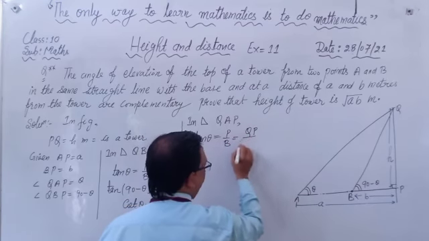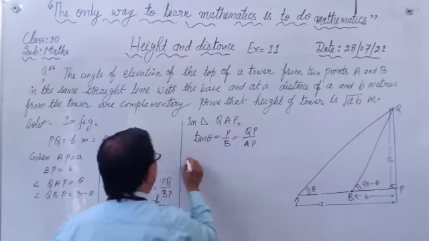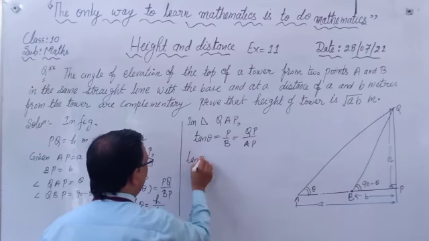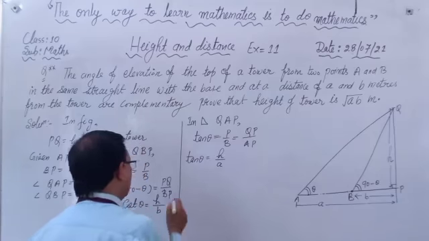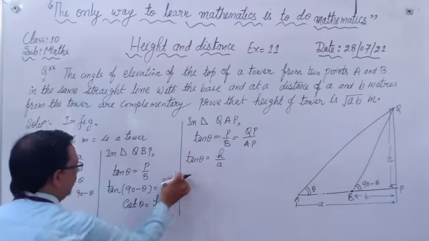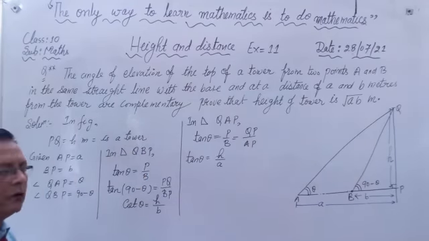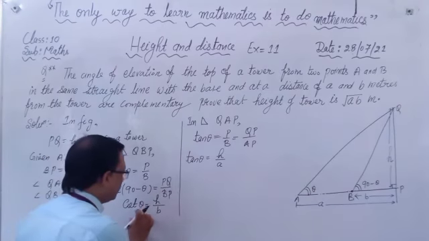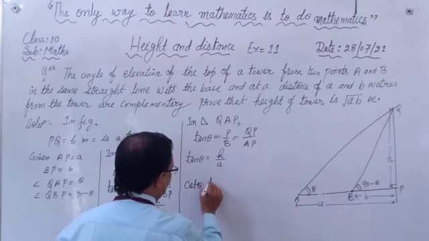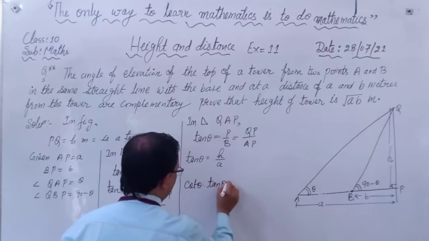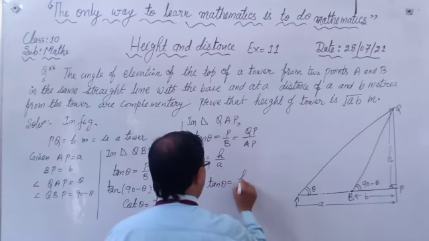So tan theta is equal to h upon A. Now we multiply both these two equations. So cot theta into tan theta is equal to h upon B into h upon A.